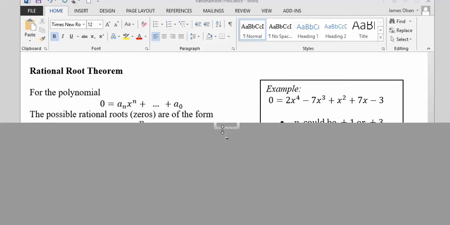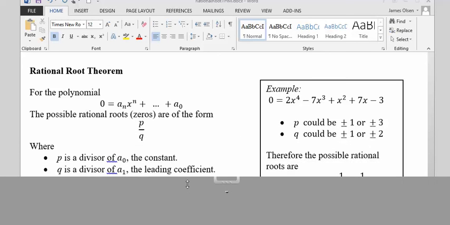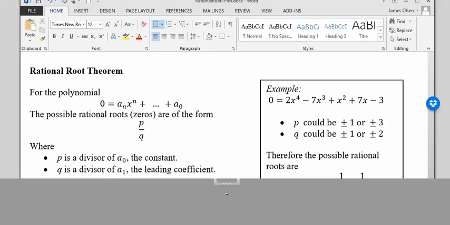The possible rational zeros are of the form p over q, where p is a divisor of the constant, and q is a divisor of the leading coefficient. This should be a sub n. Let me fix that. There we go.